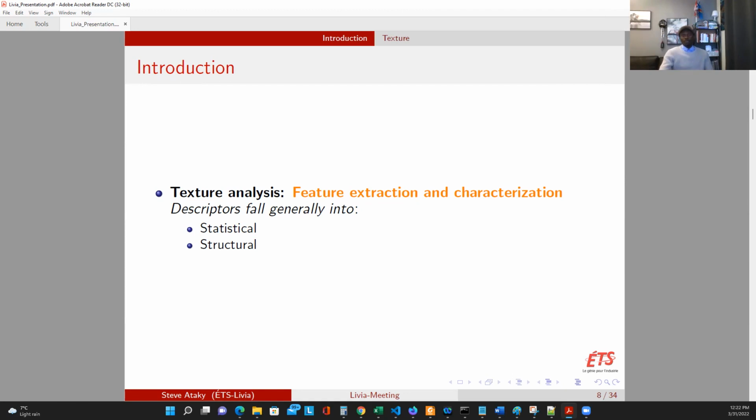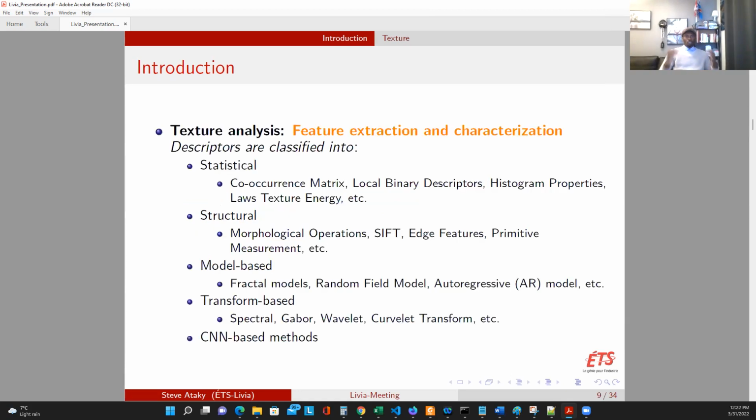But we also have model-based, we also have transform-based, and we also have CNN-based methods for texture characterization. And here we have some examples of each type.